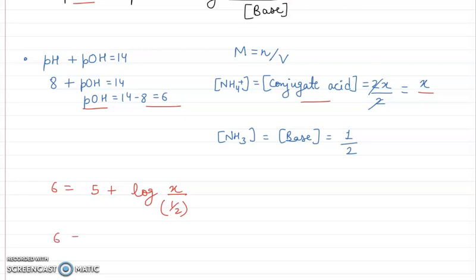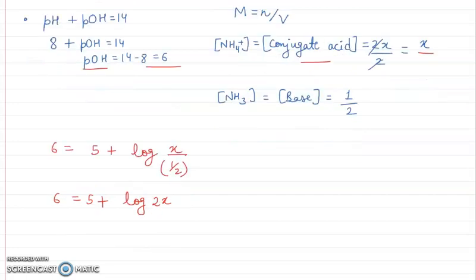So 6 is equal to 5 plus log of X over 1 by 2. Now this 2 will come in the numerator, it is mathematical calculation, and we have log of 2x. We write it on one side, and on the opposite side there was 6, so 5 would go on the opposite side. So log of 2x is equal to 1.